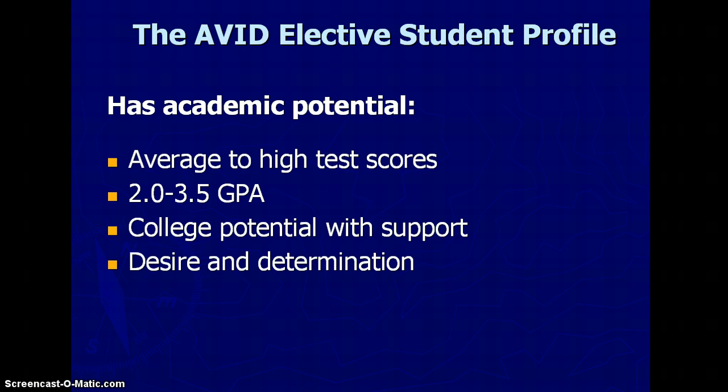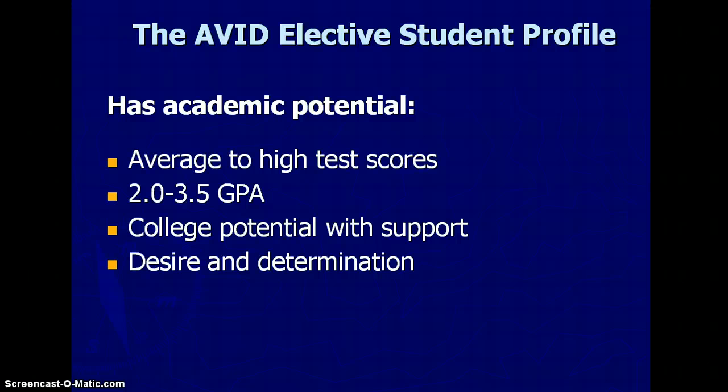Those students who have passed those tests, who have an average GPA. You know, we're not looking at students who have 4.0s, but we're looking at students who have good enough grades to get into the university. I would say that most of our students fall somewhere between a 2.5 and 3.25 cumulative GPA.